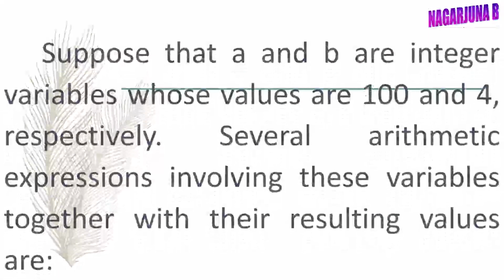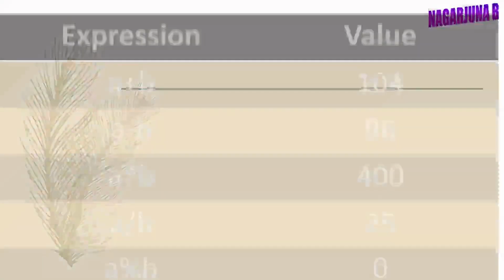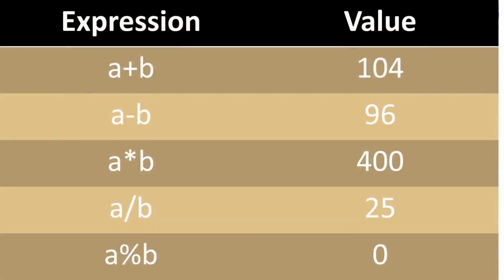Suppose a and b are integer variables whose values are 100 and 4 respectively. Several arithmetic operations involving these variables, together with the resulting values, are shown. This table shows the expressions and the corresponding value which we get upon evaluation of an expression.